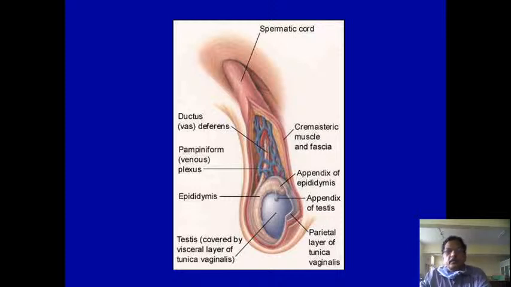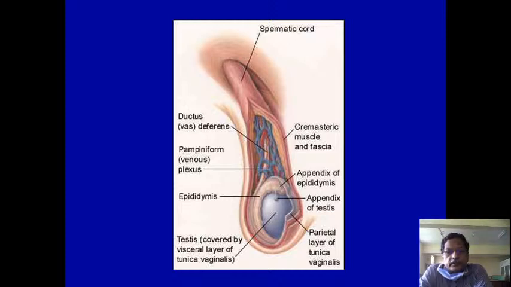So let us see. As a consequence of intra-abdominal development of the testis, it derives its blood supply, nerve supply, and lymphatic supply, everything from the abdominal region. Because initially it was an intra-abdominal structure, even though it reaches the bottom of the scrotum, it gets all its supplies from the abdomen.